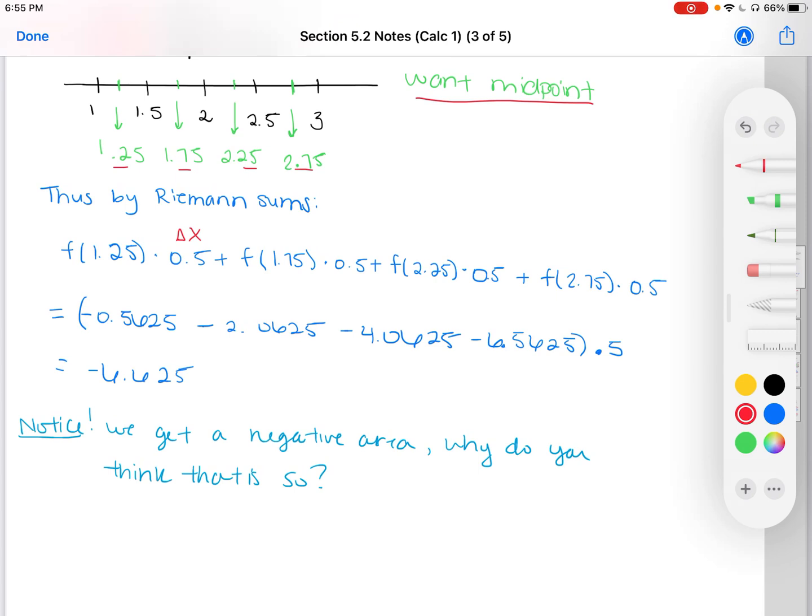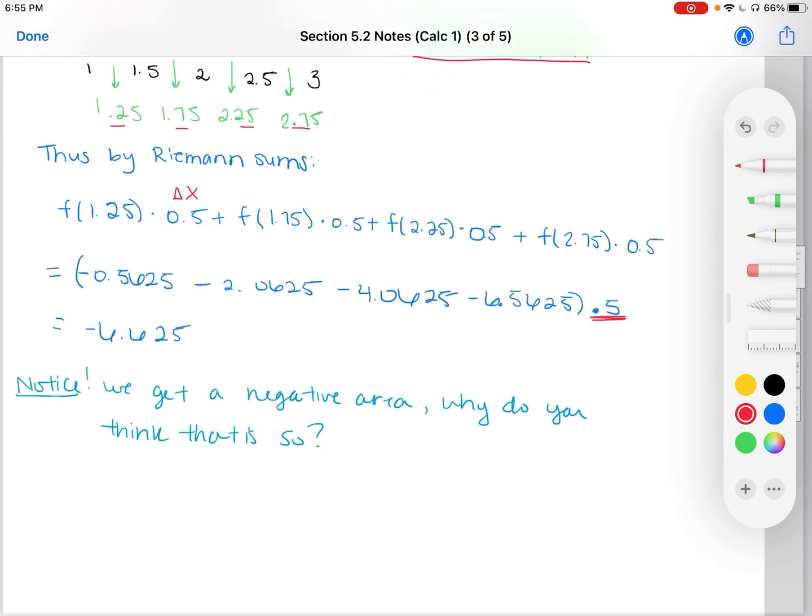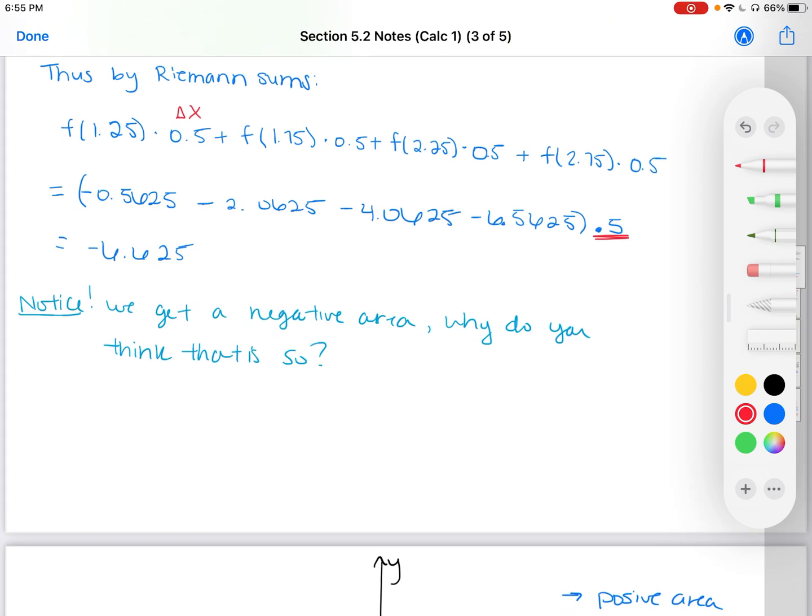And you can just factor the 0.5 out, evaluate, and add them up. Now, those sums are actually negative. So our answer is negative 6.625. Notice we get a negative area.